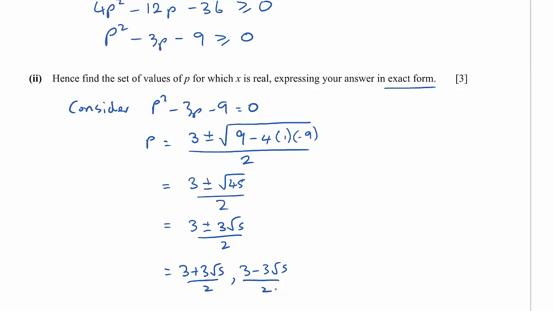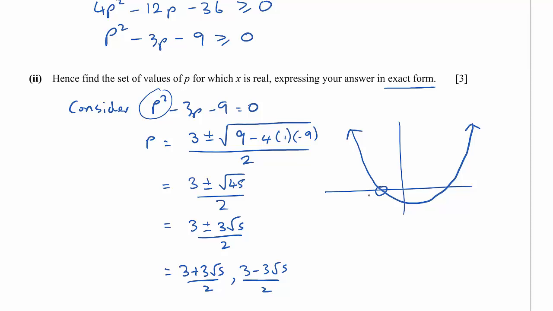Now take into consideration that this is a quadratic with the coefficient of p squared being positive, and that tells me that it's this shape here.